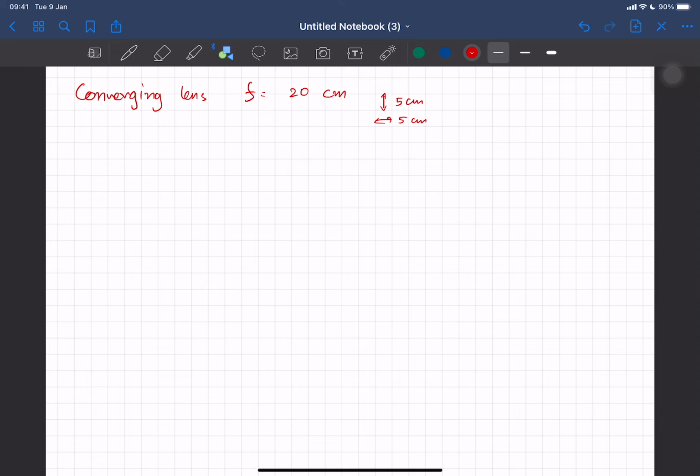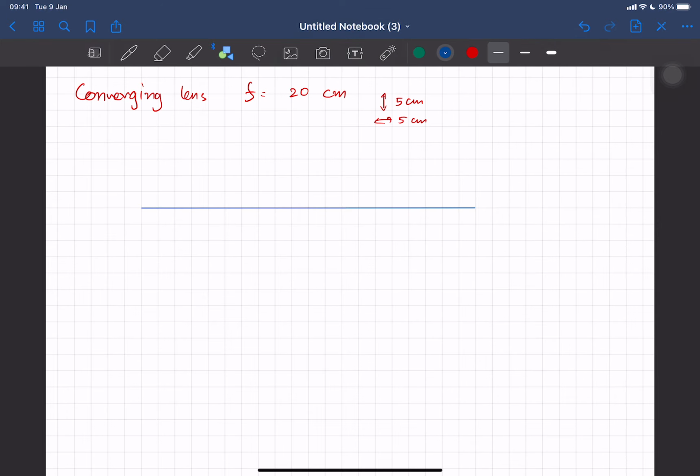So let's first draw the optical axis, which is just the horizontal line that we use to reference everything. So let's draw it like this. And I just learned that this is what you can do. And let's say we place a lens at the middle.